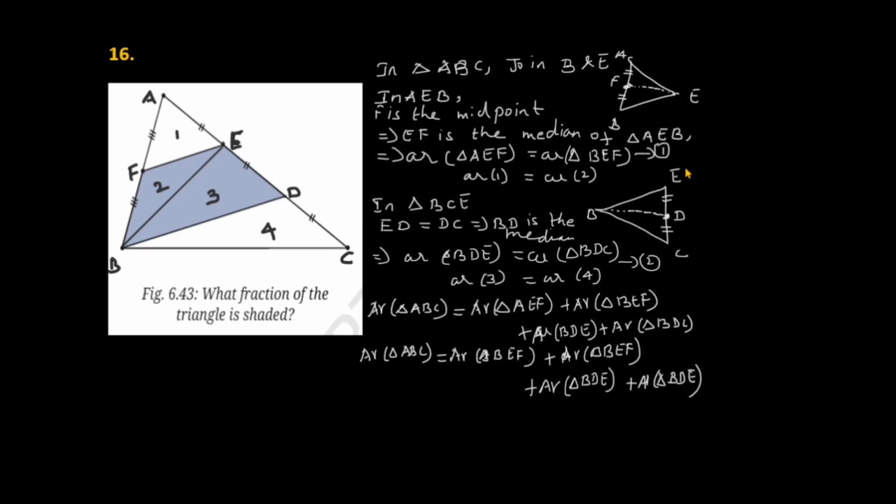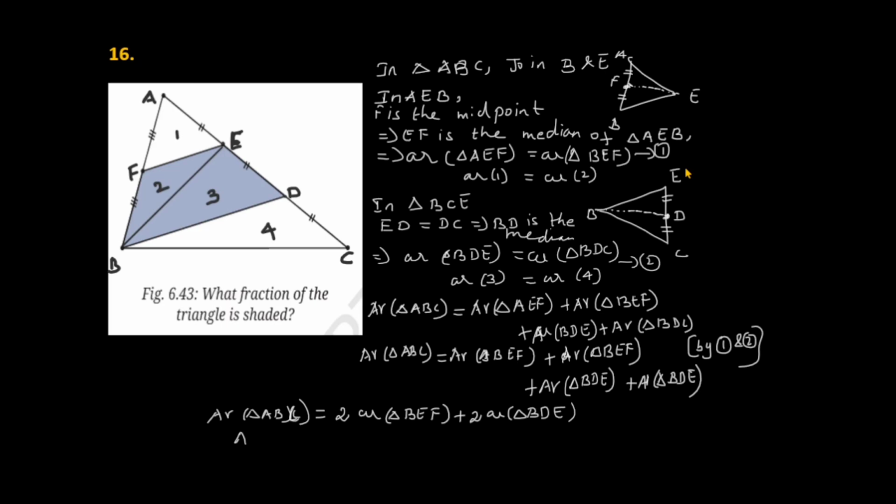So the replacement happened by equations 1 and 2. There we equated. So area of triangle ABC is equal to twice area of triangle BEF plus twice area of triangle BDE.